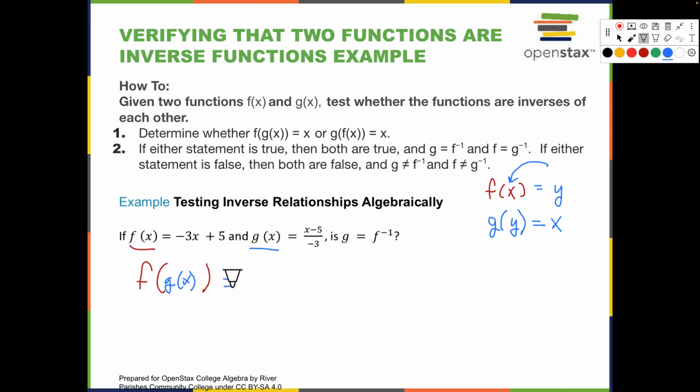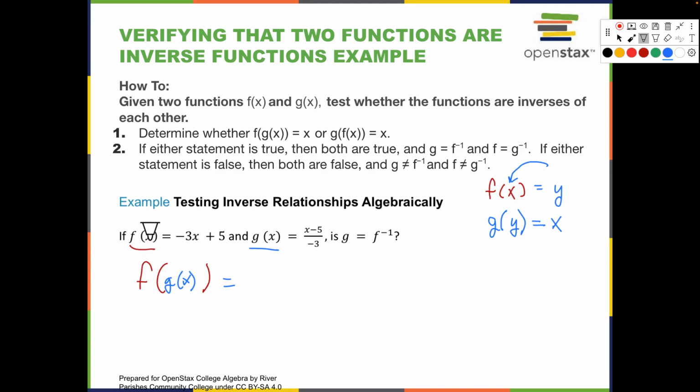If we do this composition, we're plugging g of x into f of x. And so we actually plug x into g, get that answer, and then that gets plugged into f. So if they're true inverses, we did something and then we undid it, we should end back up at x, right? Just x. And it should work both ways. So let's see if this happens.